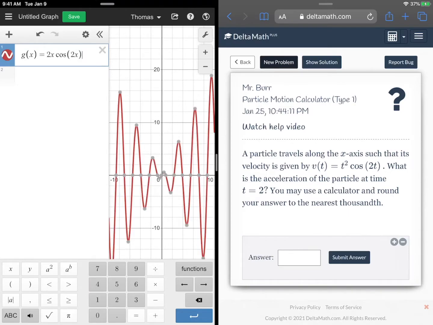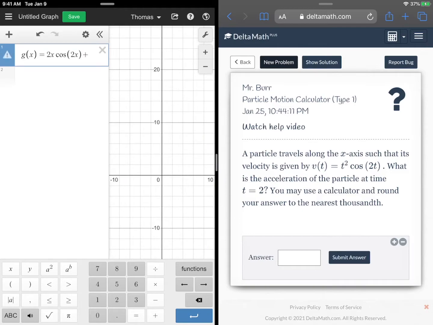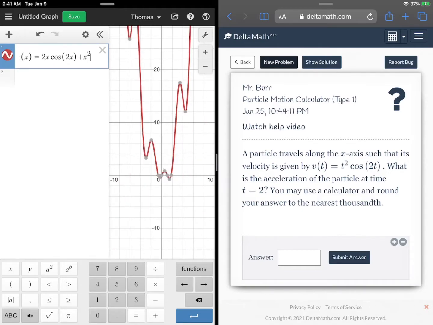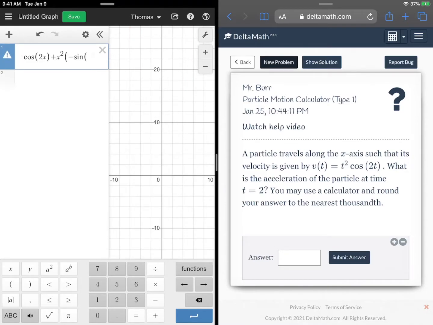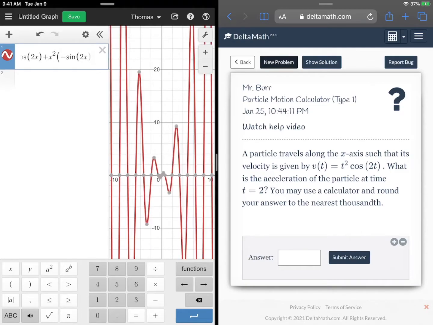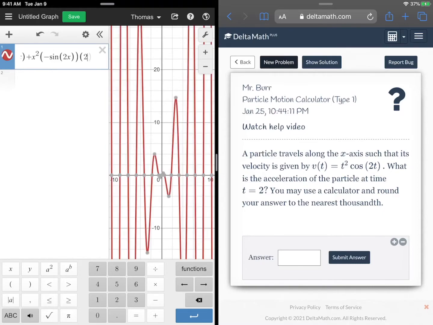So f prime times g plus f, t squared, g prime. Okay, now the derivative of cosine is negative sine of 2x times the chain rule, right? I also need to multiply this by a 2. So we'd also need to multiply this by 2, right?